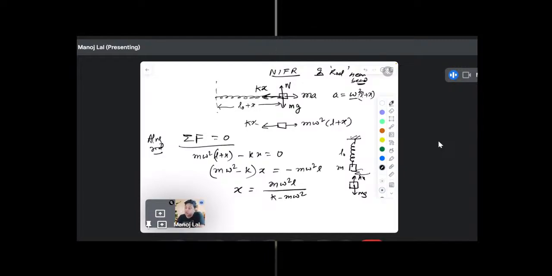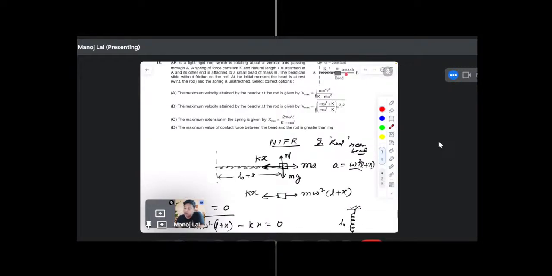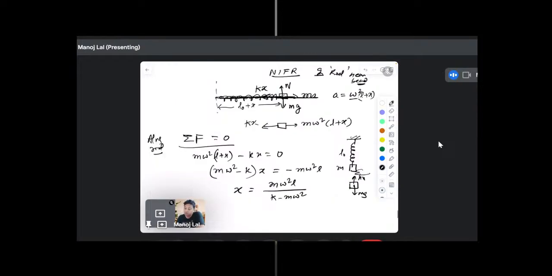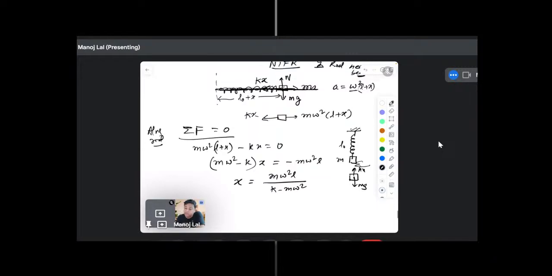This is the position of the bead along the rod, somewhere here, where the velocity will be maximum.